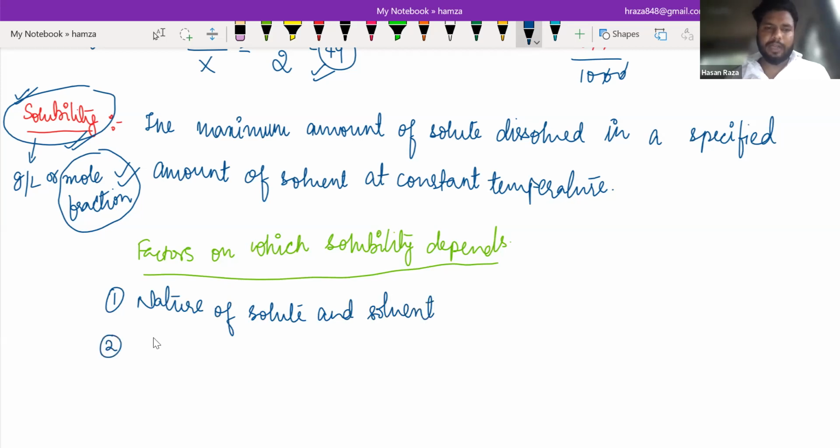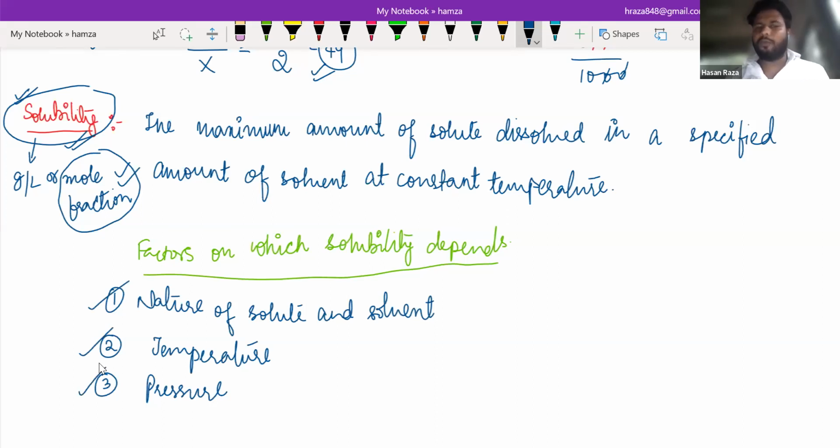The second factor is temperature, and the third factor is pressure. So solubility depends on nature of solute and solvent, temperature and pressure.